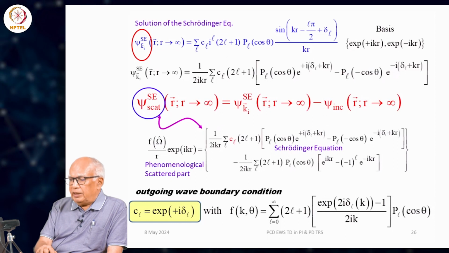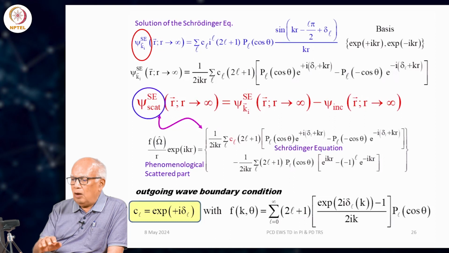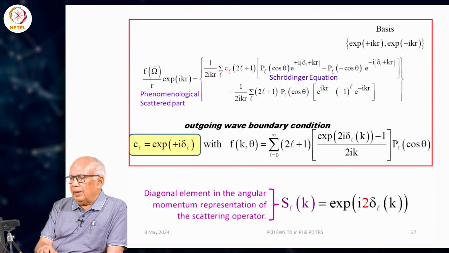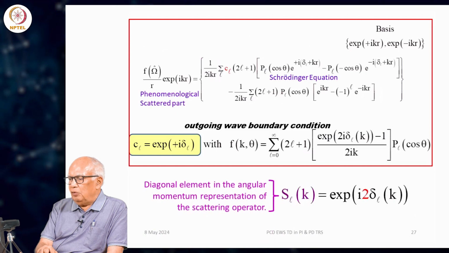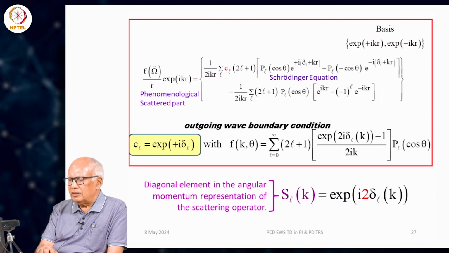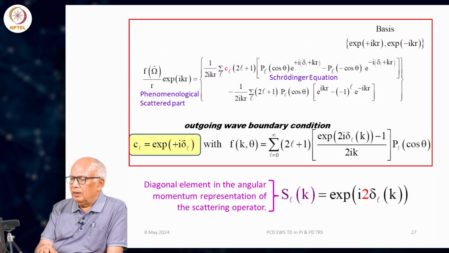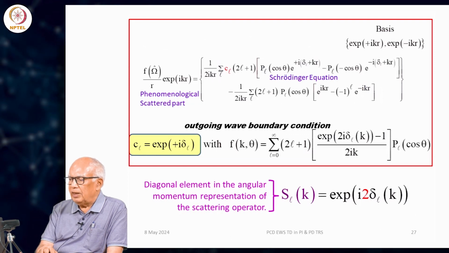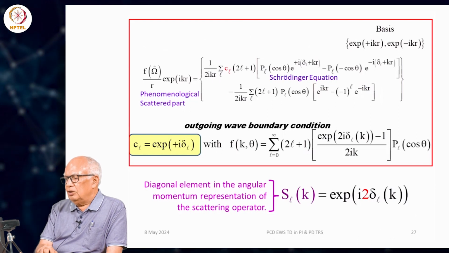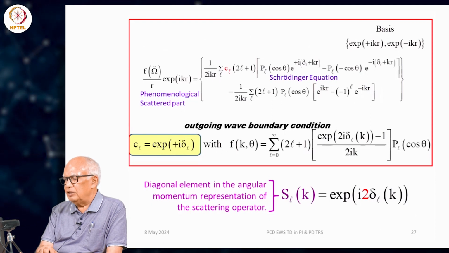These boundary conditions that we have chosen are called outgoing wave boundary conditions, and if you express the scattering phenomenon in the basis of angular momentum states, the scattering operator comes out as e to the 2i delta L, or i times 2 delta L. So, the phase shift is twice delta L.